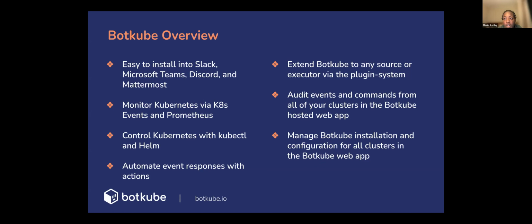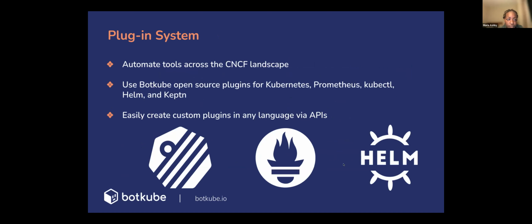And then with our UI app, you're also able to audit your events. So you're able to get a log of all the commands and who ran them in a timeline. And with that web app, it's easier to do configuration changes as well.